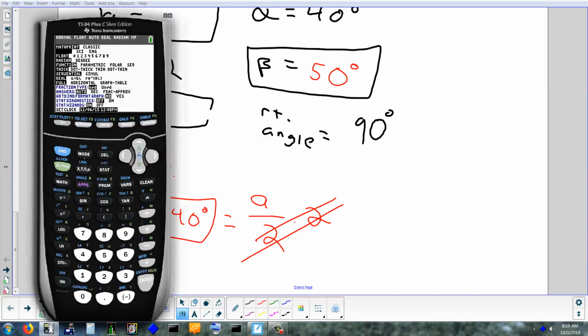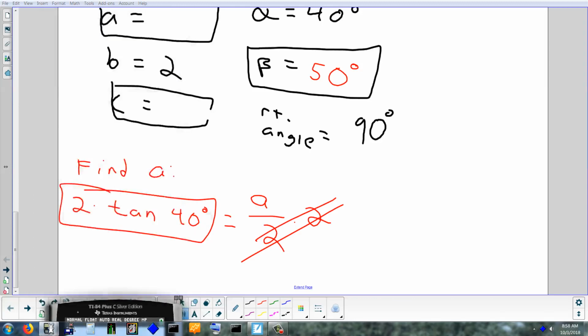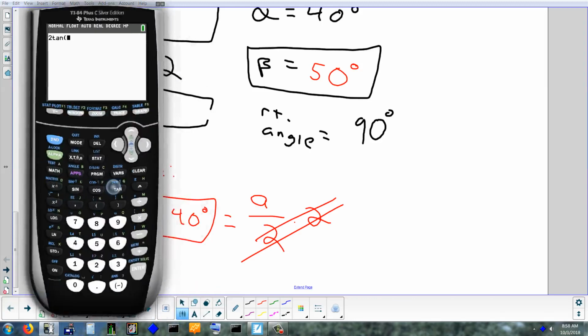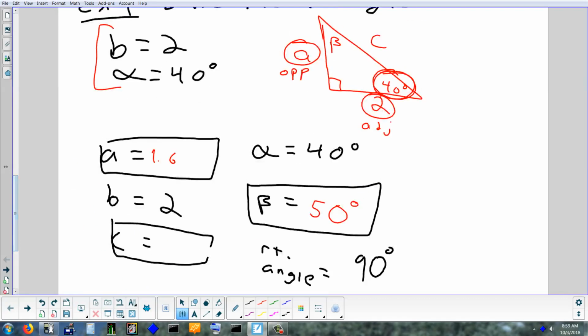In fact, they're all going to be degree problems today. So put it in degrees, and then 2 tangent 40, and we get a length of, we'll go to 3 decimal places, 1.678. Okay, any questions on that?